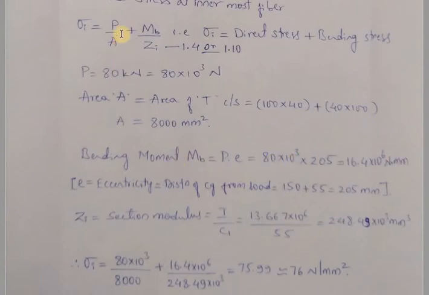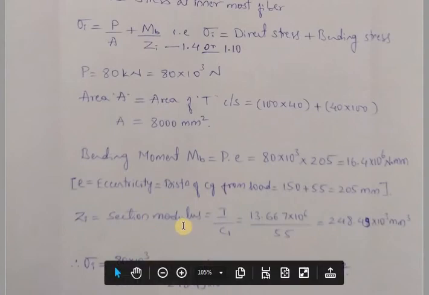Now we know the value of P, the value of A, and the value of the bending moment. We need to find the value of section modulus at the inner fiber. Section modulus is given by I by C1, since we are calculating for the inner fiber. If it is for the outer fiber, then it is I by C2.